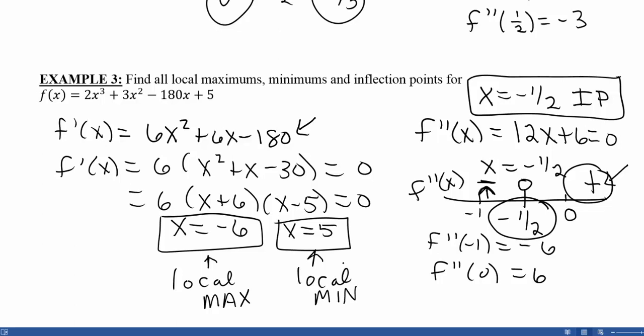I could have also plugged negative 6 and 5 into the second derivative to get the sign if I wanted to be doubly sure, but it's good enough to already know from our intervals what the sign of the second derivative is going to be everywhere to the left and right of negative 1/2. So I know now that I have a local max at negative 6, a local min at 5, and an inflection point at negative 1/2.